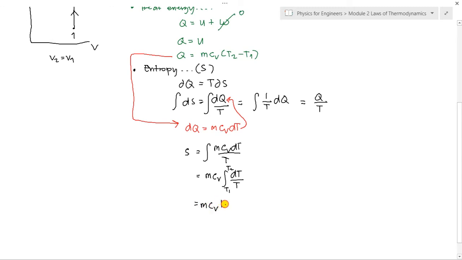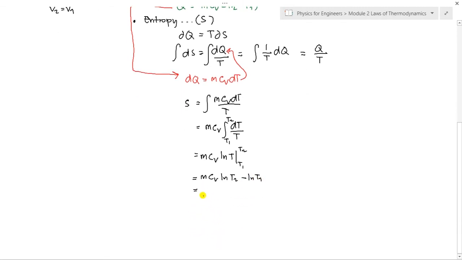So this would become mCV, then ln of T, wherein we have limits from T1 to T2. So substituting that one, it would become mCV ln of T2 minus ln of T1. But using the property of logarithm, this would be simplified into mCV ln of T2 over T1.